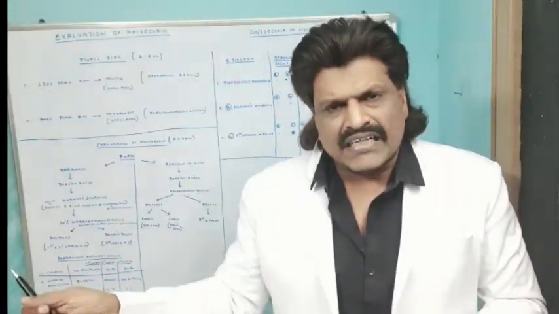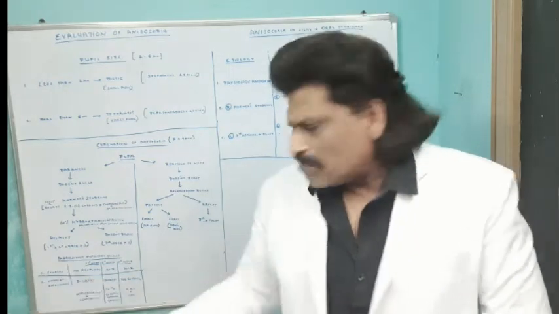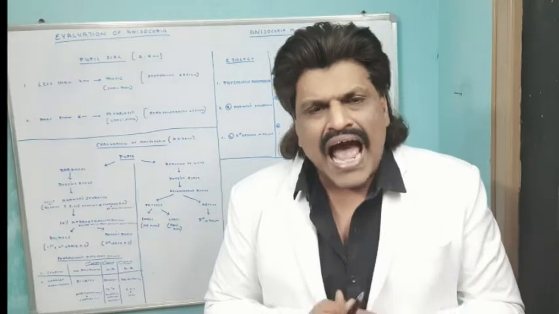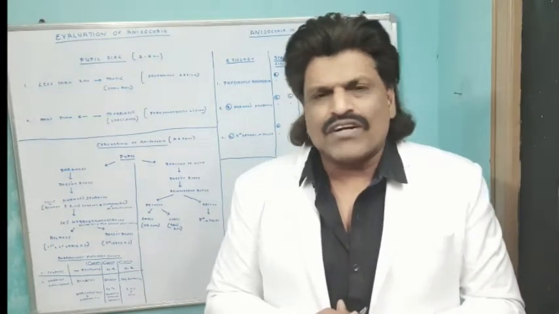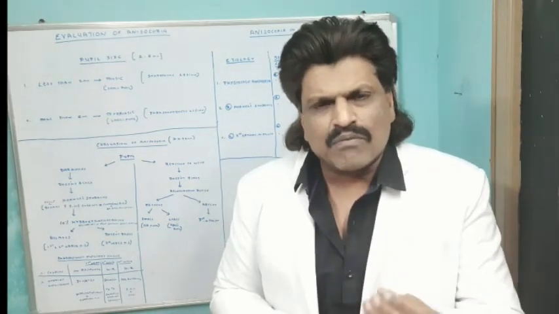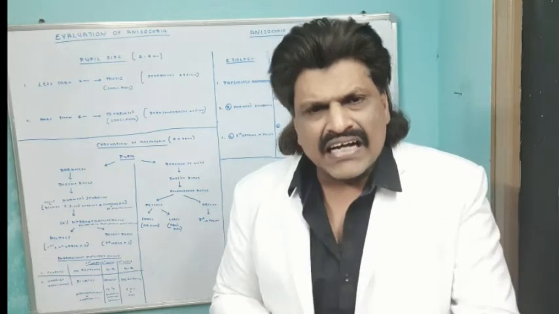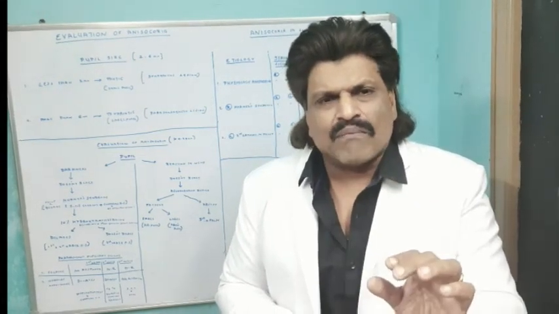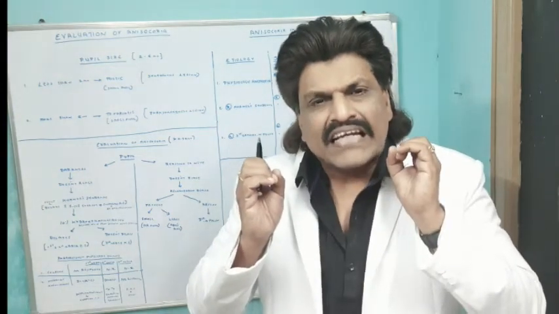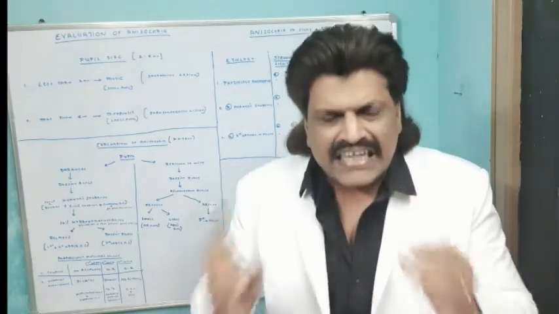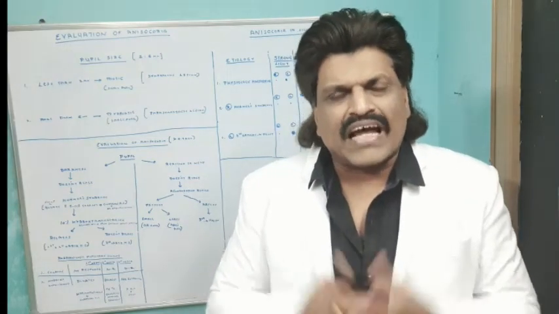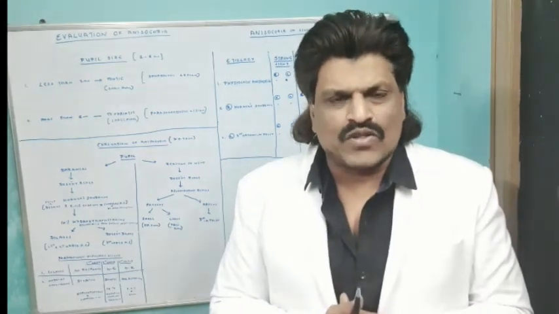If this time the pupil is large, it is Adie's pupil. So wonderful. Just by checking the pupillary reaction to light and darkness, the accommodation reflex and the size of the pupil, we can clinically evaluate anisocoria. That is the joy of clinical neurology.